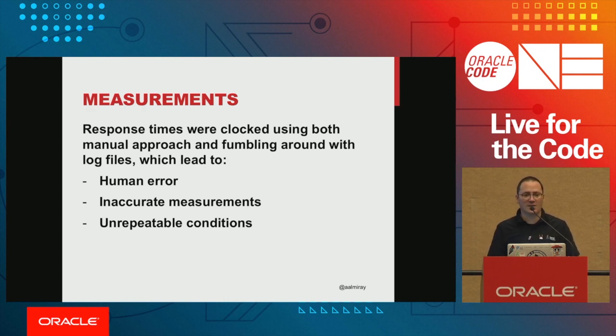Everything was done taking measurements with print statements or logging, so matching the start and the end was a big mess. And these measurements were not reproducible across different environments. So we needed a way to have repeatable conditions and accurate measurements.